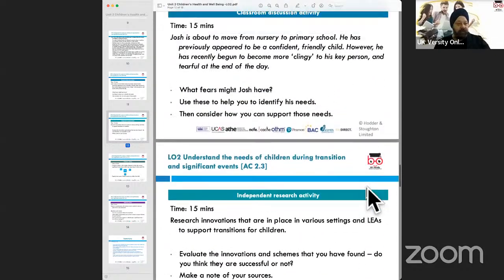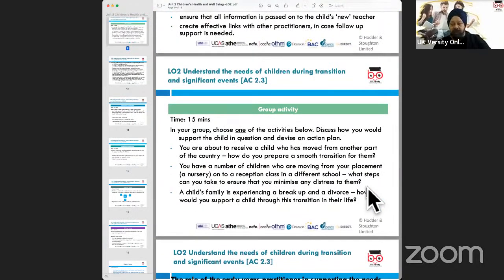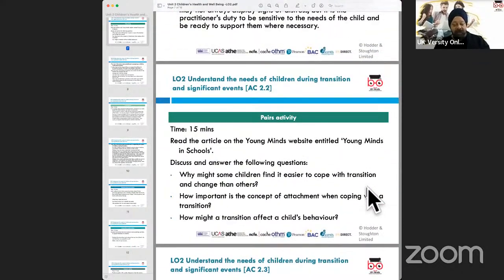One of the websites we looked at was the Young Minds website, which provides a lot of resources to schools when children are going through significant events and transitions. That government initiative makes significant resources available, not just to teachers, practitioners and carers, but to anybody involved in the development of children in the early years, between the age group of 5 to 11 or 4 to 11. That's what we covered yesterday.